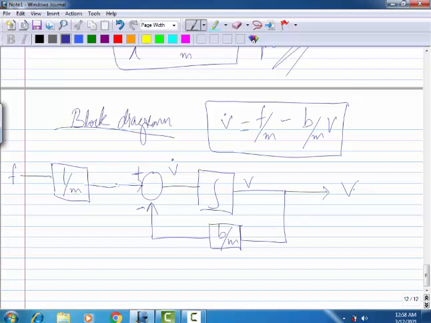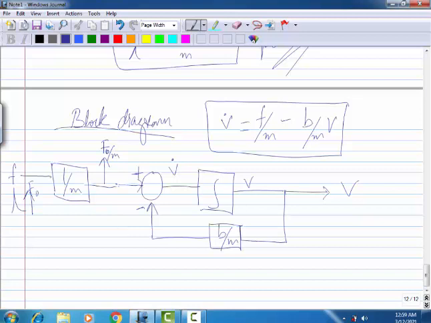Now we use this to calculate the impulse response. For impulse response, assume that we are giving an impulse input here represented by F naught. When F naught is multiplied by 1 over m, we get again an impulse but with F naught divided by m. When we come here, because the impulse starts at 0, the feedback is not available at that time. Feedback is 0, because initially we start with 0 input.